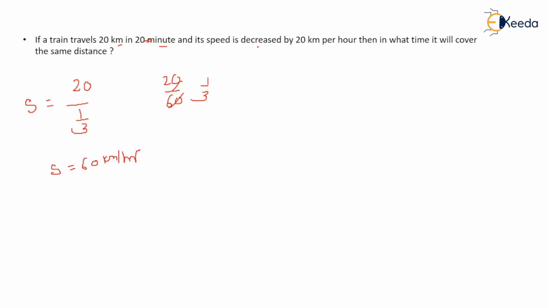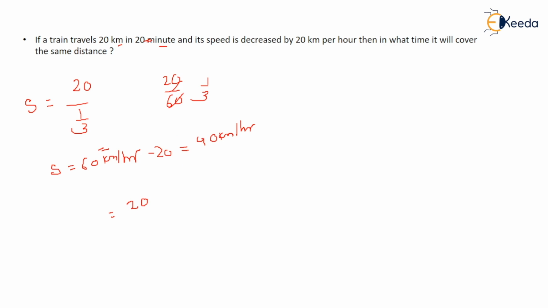And its speed is decreased by 20 kilometer. Now 60 kilometer was earlier, now its speed is decreased by 20 kilometers, so the new speed will be 40 kilometer per hour, right? Now what is asked: how much time will it take to cover the same distance? What distance does it have to cover? 20 kilometer.